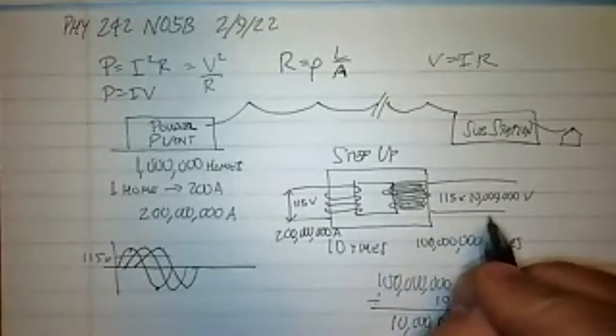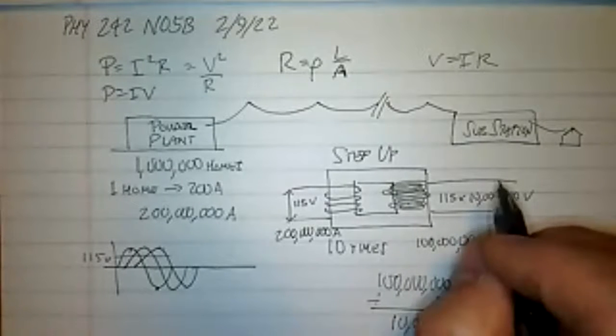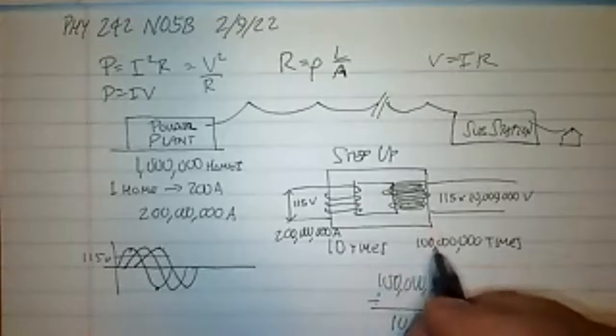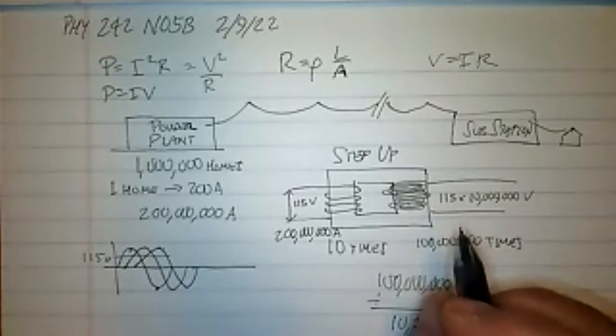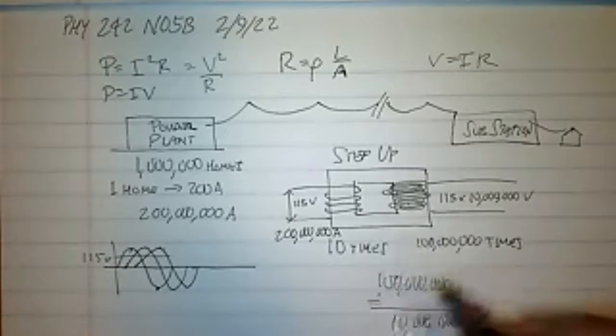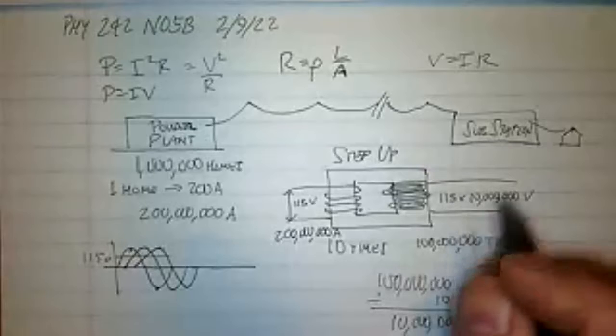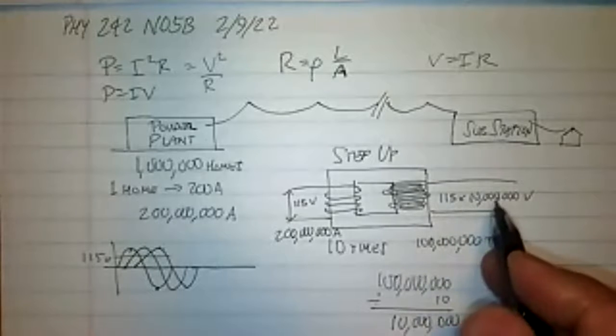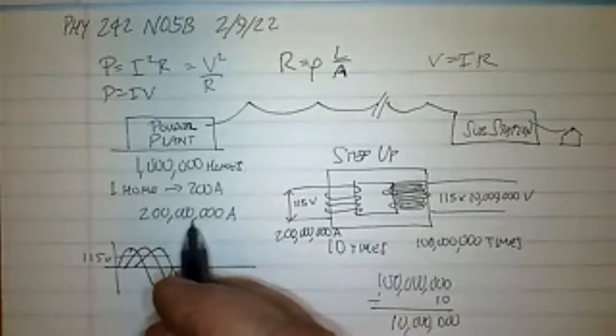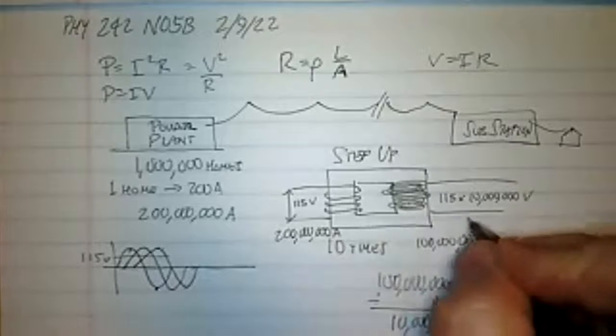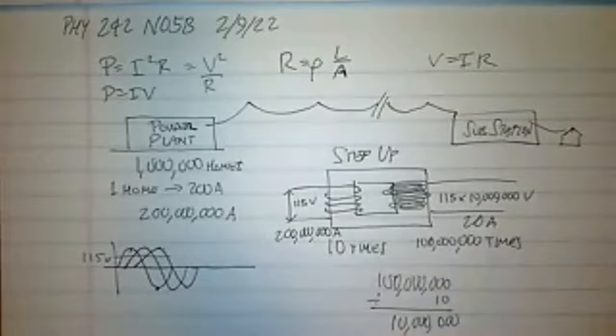When you use a step-up transformer, you step up the voltage by the ratio of the sides, but at the same time you step down the current by the inverse ratio of the two of them. So I divide this by 10 million, 1, 2, 3, 4, 5, 6, that. So now I've only got 20 amps going out.